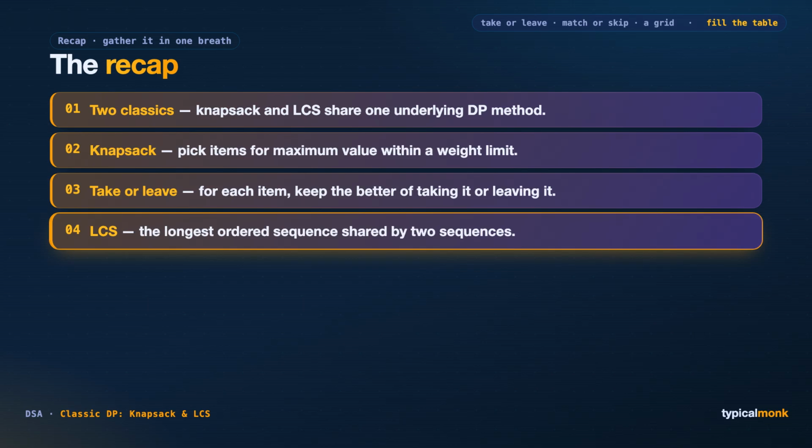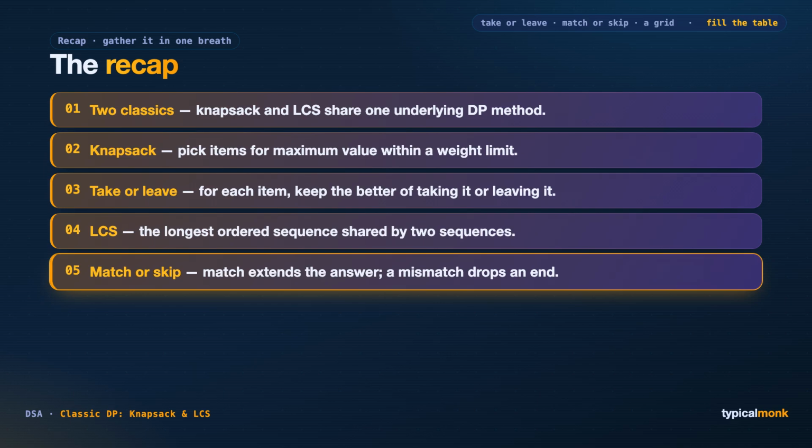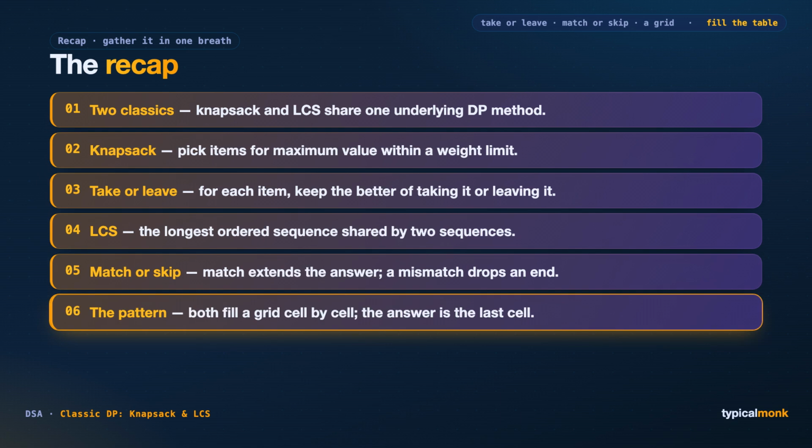LCS: the longest ordered pattern shared by two sequences, gaps allowed. Its recurrence is match or skip. A match adds 1, a mismatch drops an end and takes the better. And both are the same pattern. Fill a grid cell by cell from the base cases and read the answer from the final cell.